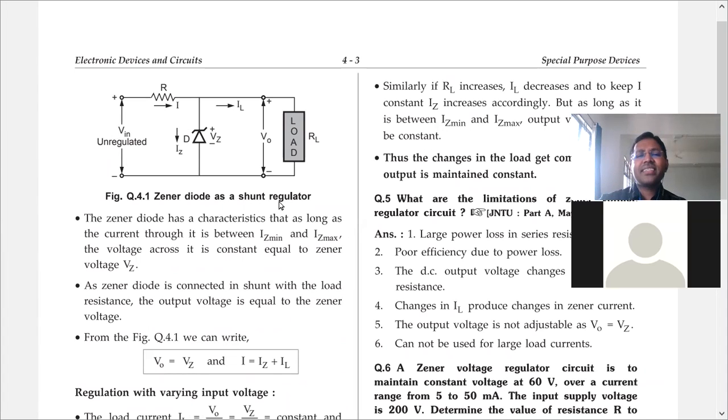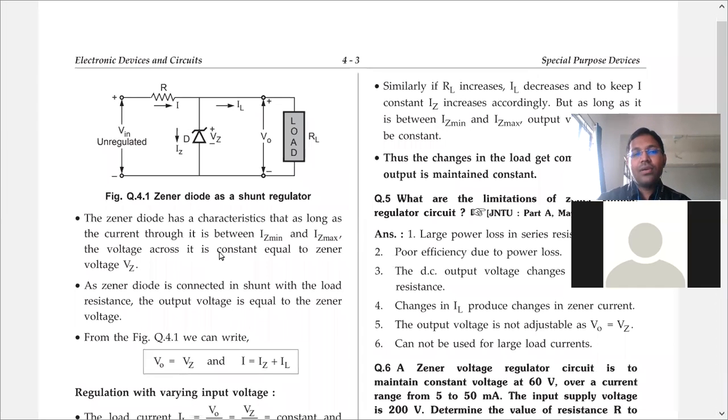And this is called a shunt regulator because the diode is connected in shunt with the load. Remember series clipper, shunt clipper? Accordingly, this is called a shunt regulator, because the diode is connected in shunt, and shunt means parallel with the load.